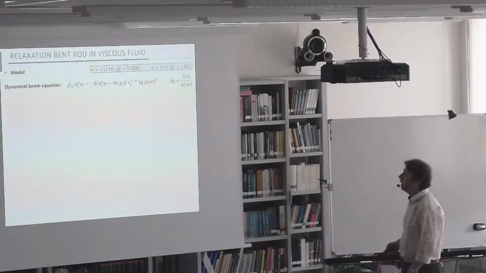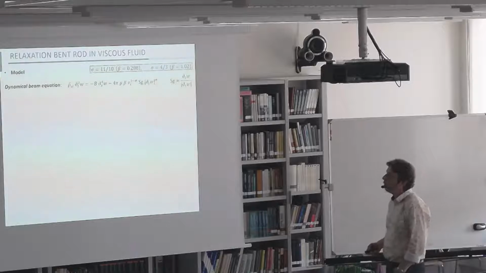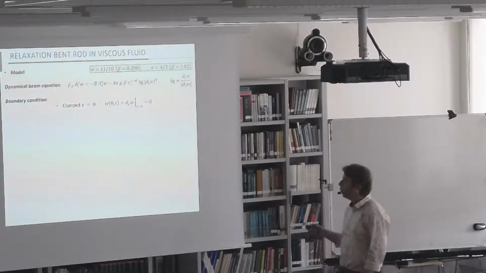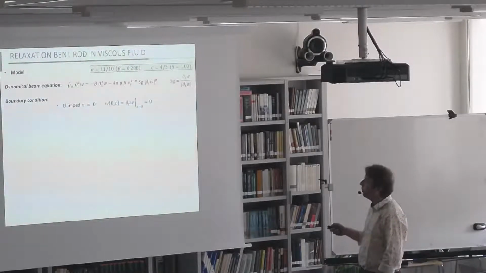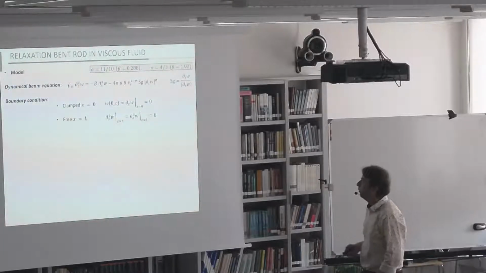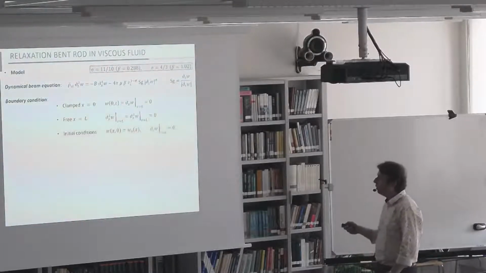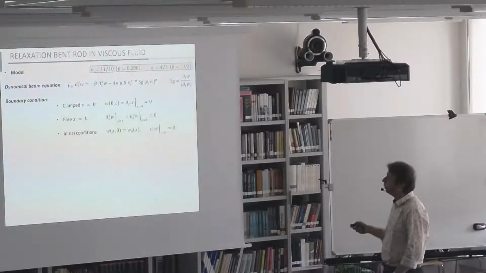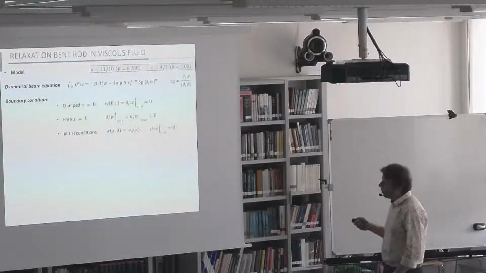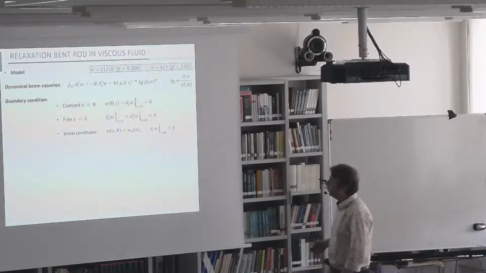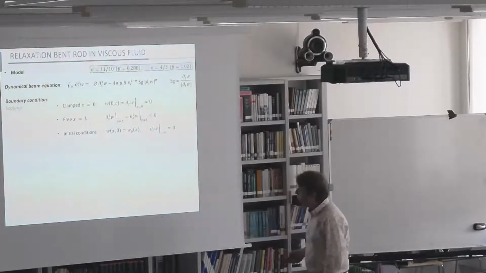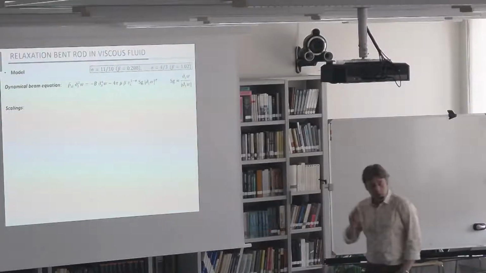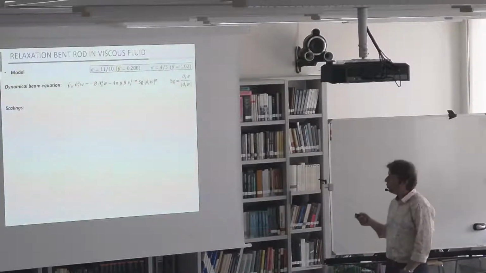Okay. And this equation now needs to be solved with boundary conditions. So you have a clamped extremity, you have a free extremity, and you have the initial condition, the initial shape of the rod when it's initially displaced, and 0 velocities. And now what you can do also is to look at some scalings from this equation.